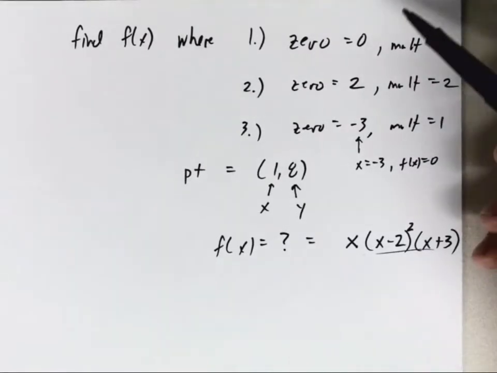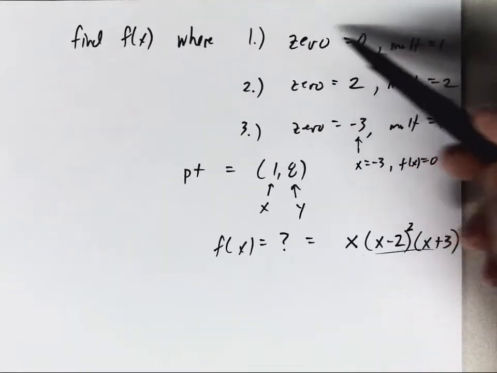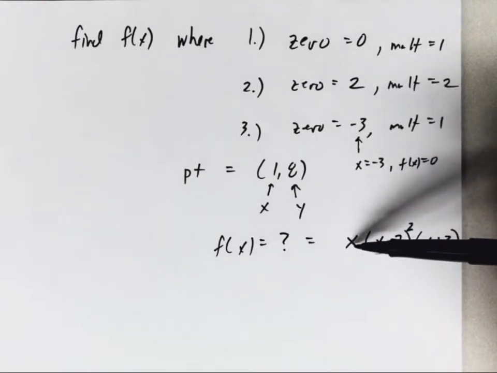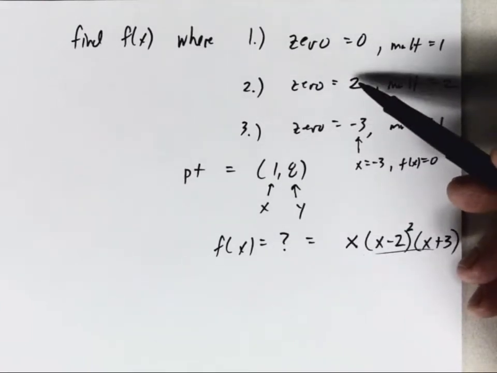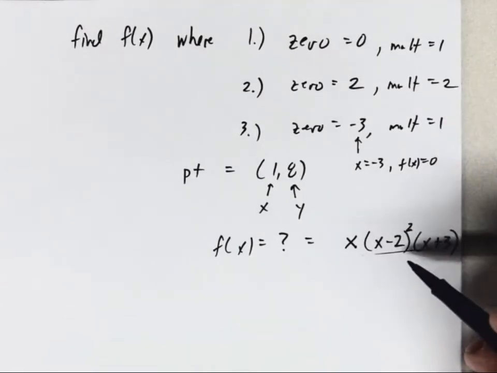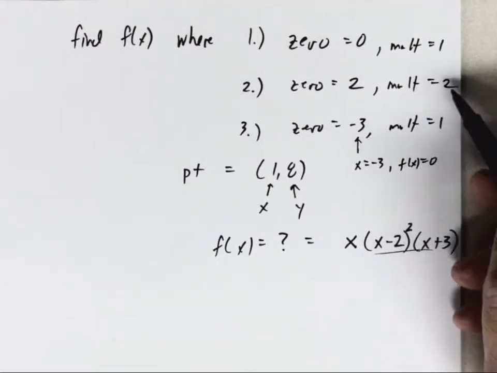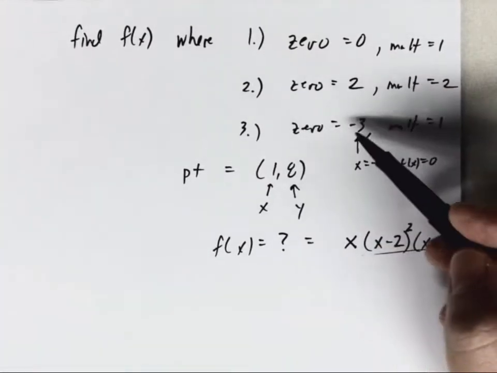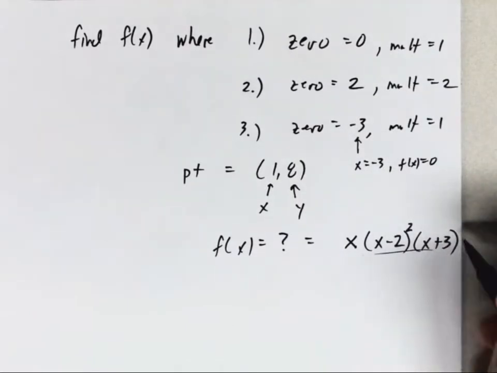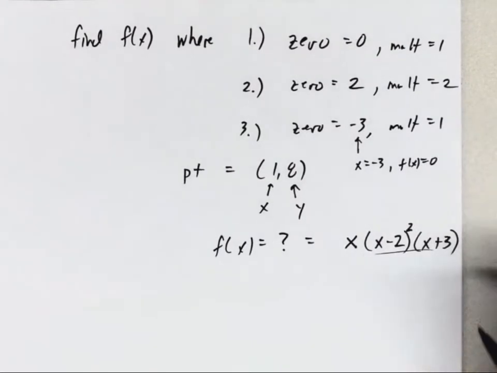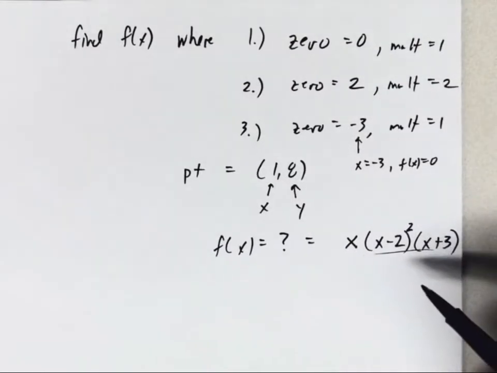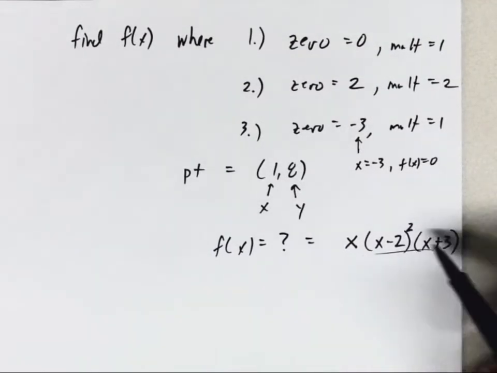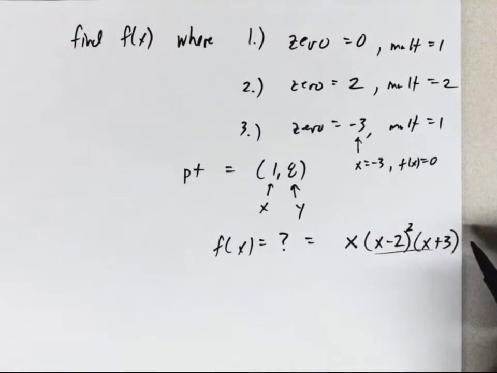So once again, to review, when you have a zero that equals 0, that causes you to just have x. When I have a zero of 2, that causes me to have parentheses x minus 2. And since the multiplicity is 2, I have an exponent here of 2. If I have a zero of minus 3, that causes me to have a parenthesis of x plus 3, and the multiplicity is 1. Once again, just to say it again, remember what zeros are. Zeros are the values of x that will cause this whole thing to be 0.